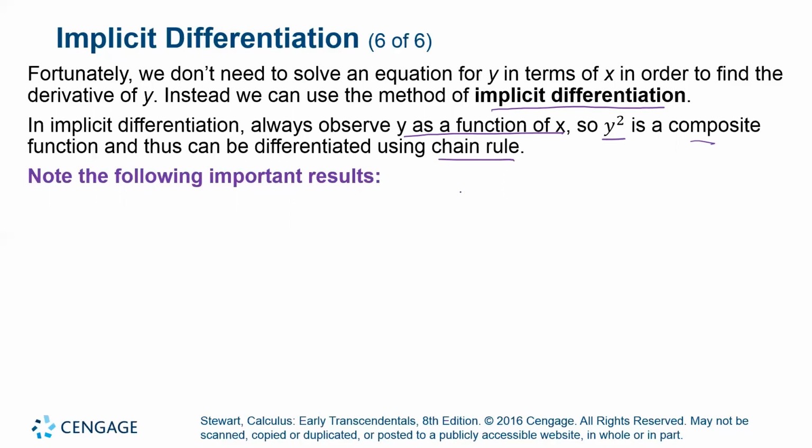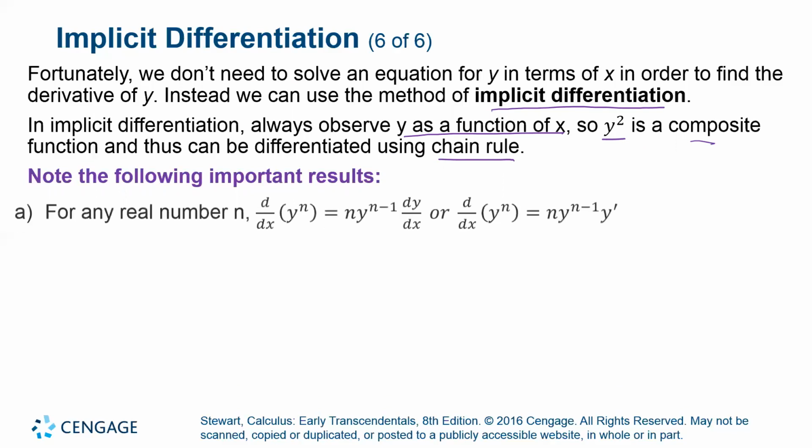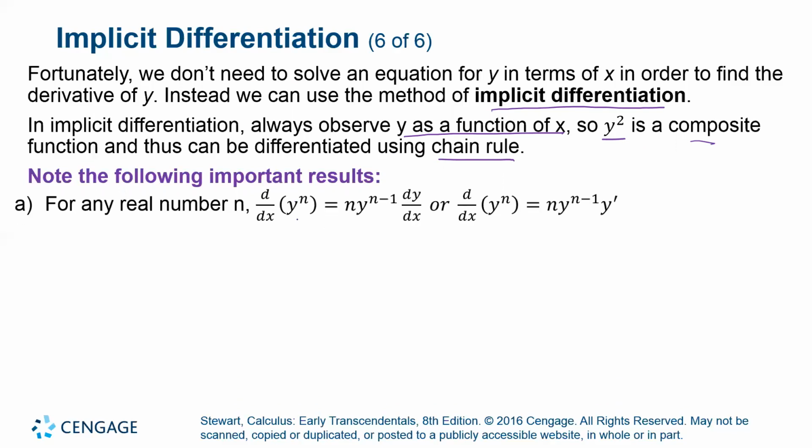Now, note the following, very important, because we'll be seeing them very often. Generally speaking, if n is a real number, for any real number, if you have y raised to n and you differentiate that, remember, y is a composite function.